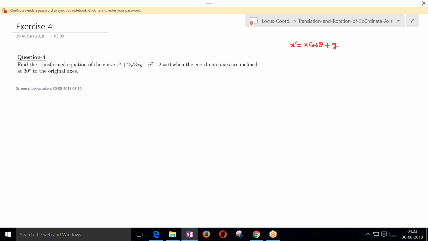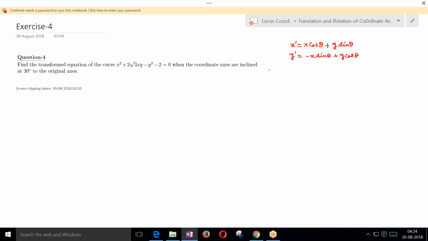And what is Y dash? Y dash is equal to minus x sin theta plus y cos theta.